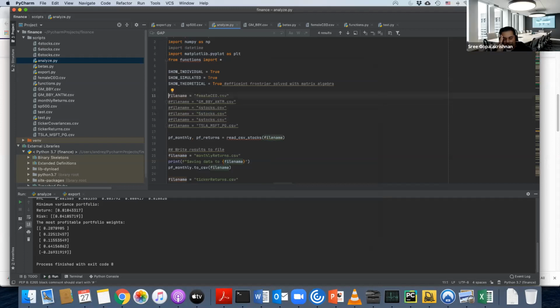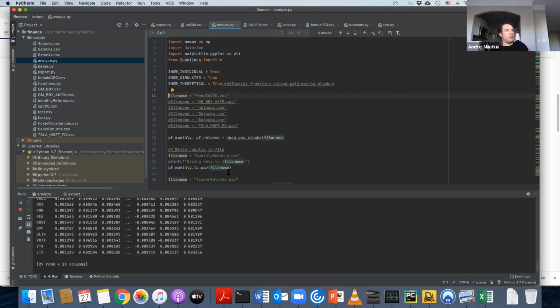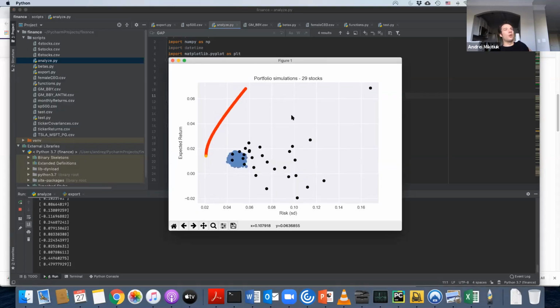So what does it mean when the theoretical is diverging from the actual one? We didn't do the simulation right, or? I will show you, so this is the whole portfolio, 29 stocks. And you can see this simulation with random numbers. So basically this is a mix of two things.